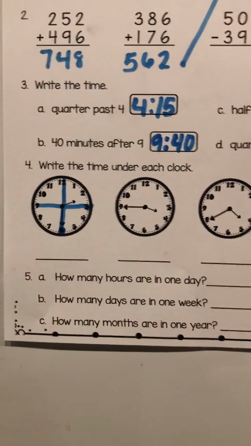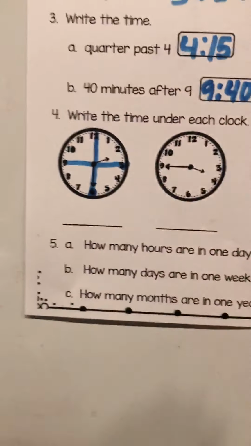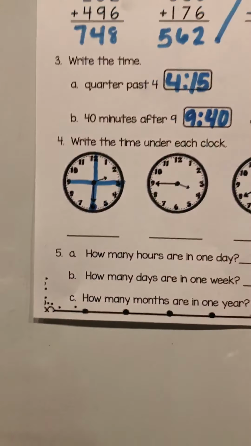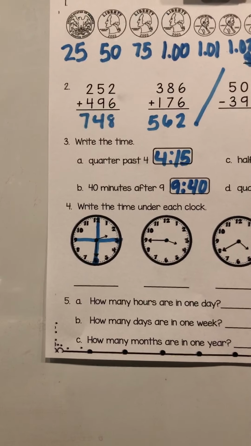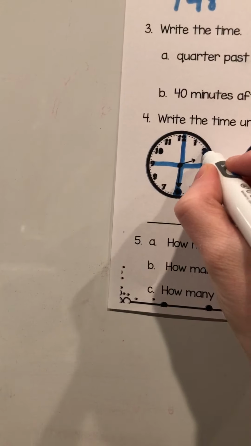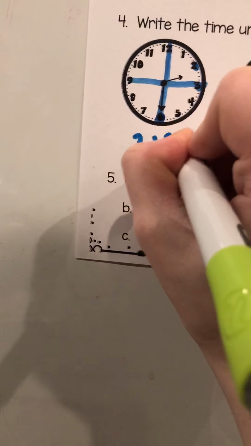So we look over here, and we see that our shorthand is kind of between our 2 and our 3, and our long minute hand is pointing at our 6. So when we go around the clock, we know that this is 30, so it's going to be 2:30 is our time. 2:30.